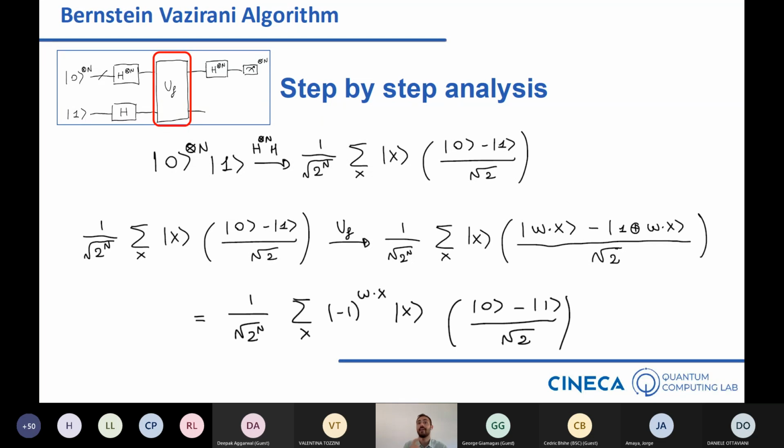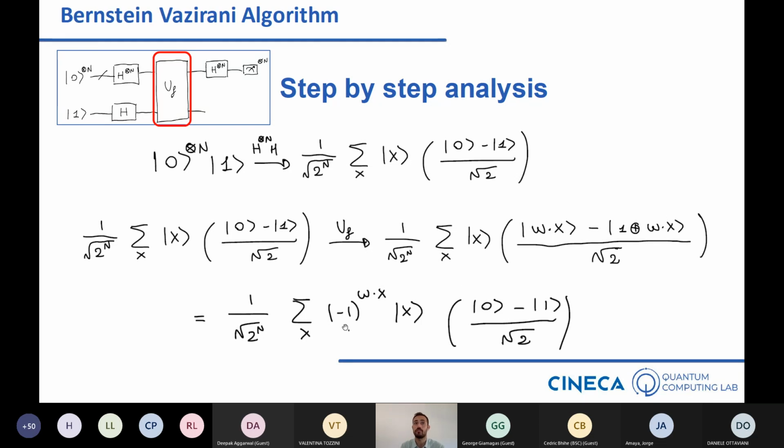You can write again, like we did in the other algorithm, in this way. Why? Because when omega times x is 0, this state here becomes 0 minus 1. When omega x is 1, you get 1 here minus 1 plus 1, which is 0.